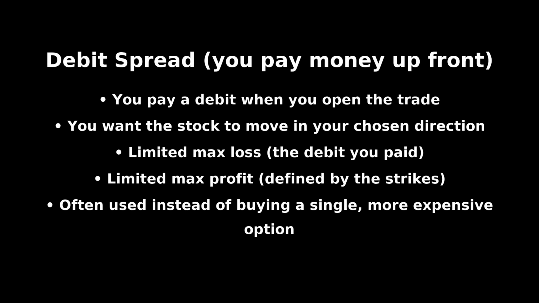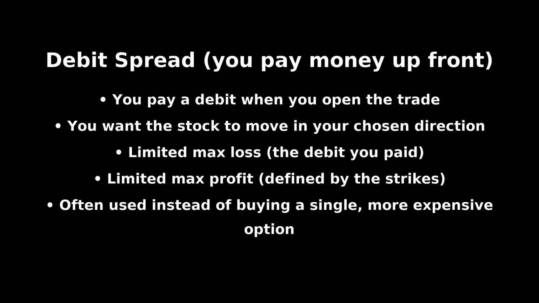Now, let's look at a debit spread. With a debit spread, you pay money up front when you open the trade. That's your debit. Here, you actually want the stock to move in your chosen direction. So if it's a bullish debit spread, you want the price to go up. If it's bearish, you want it to go down.